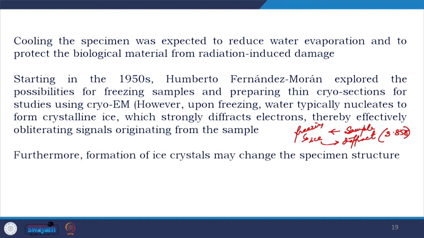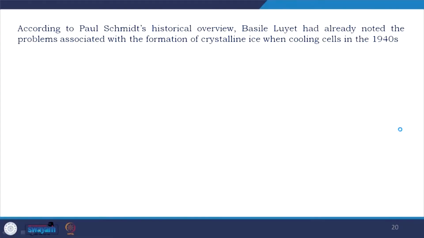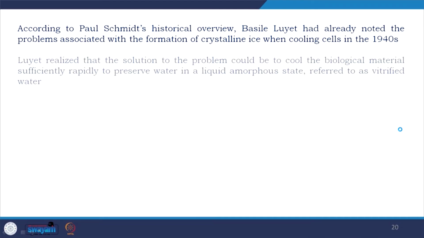Furthermore, formation of ice crystals may also change the structure of the specimen. According to Paul Smith's historical overview, looking back on the development of cryo-electron microscopy, Basil Luyet had already noted the problem associated with the formation of crystalline ice when cooling cells in the 1940s.